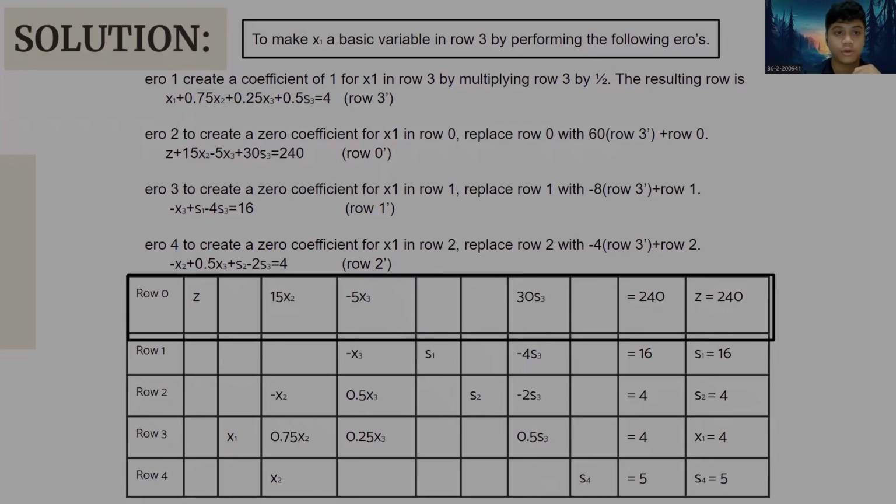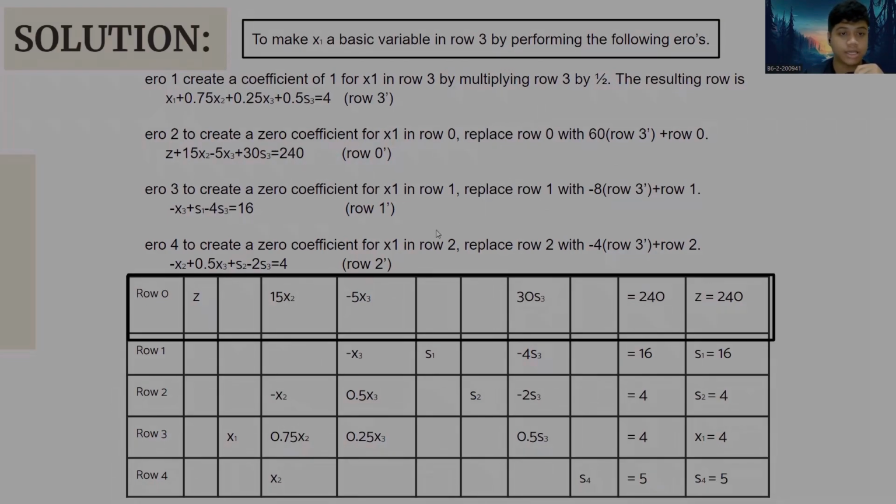The resulting row is x1 plus 0.75x2 plus 0.25s3 plus 0.5s3 equals 4, as you can see in row 3. For ERO 2, we create a zero coefficient for x1 in row 0 by replacing row 0 with 60 times row 3 plus row 0, eliminating the negative 60.